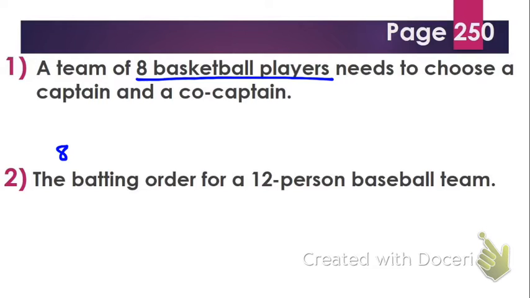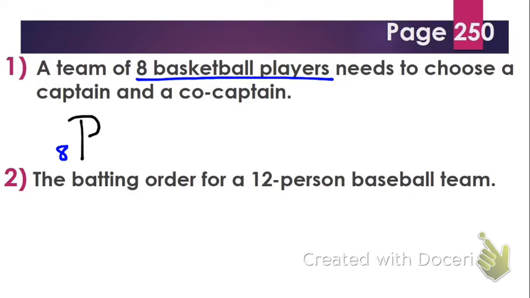They're going to select a captain and a co-captain. Will the captain and co-captain be treated exactly the same, or will they have different responsibilities? So is it a combination or a permutation? Permutation. In a permutation, the things that are selected get treated differently.